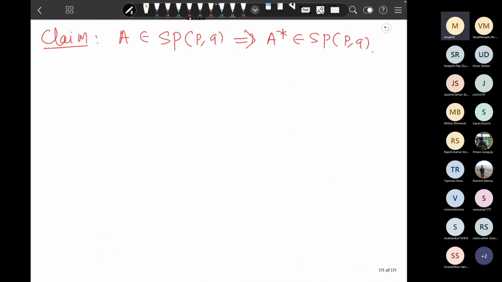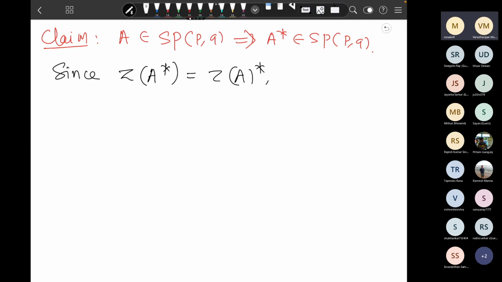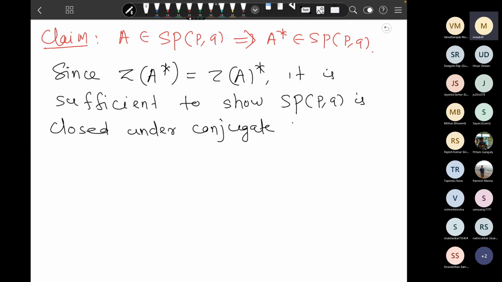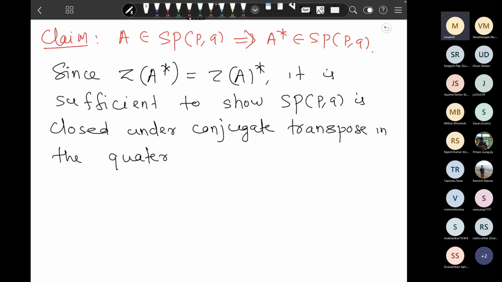Since Z of A star is equal to the conjugate transpose of ZA, it is sufficient to show this in the quaternion picture.